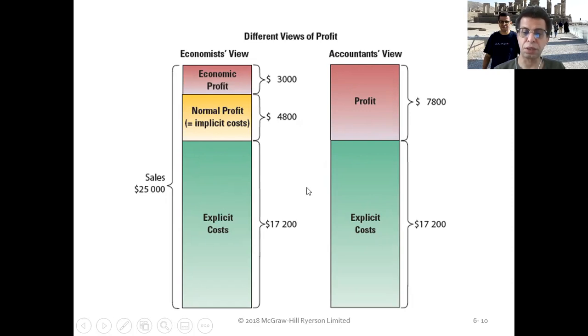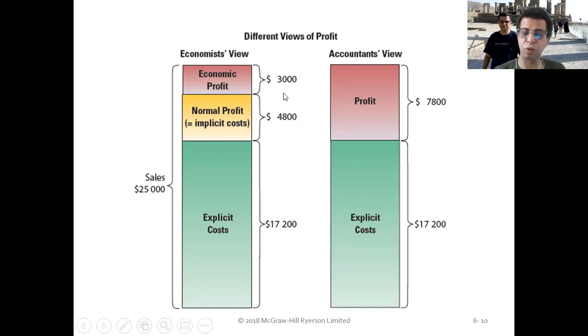There is the same explicit cost here, but there is a part where you have put in some work but didn't pay any salary for yourself, or you brought your family to work there. So that's another $4,800, plus maybe the opportunity cost that you lost. You could have had your money in the bank, all these things. So your economic profit here is only 3,000.